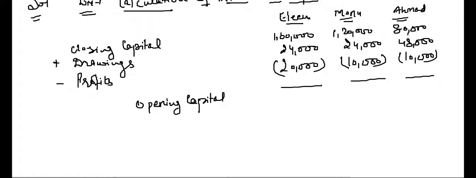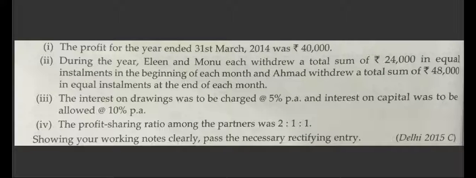What is the opening capital now? It is 1,64,000, 1,34,000 and 1,18,000. Now interest on capital is to be allowed at the rate of 10%.